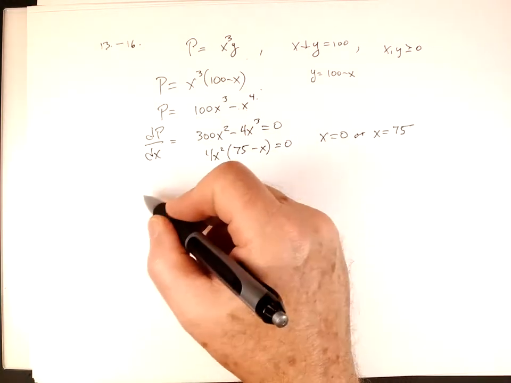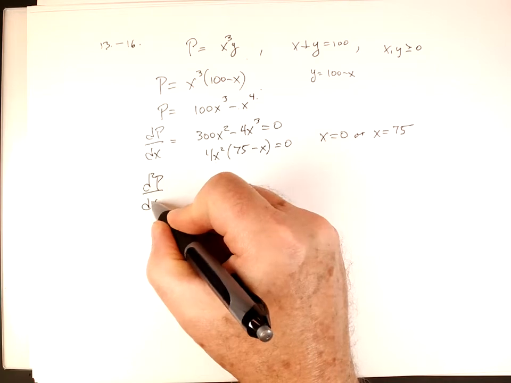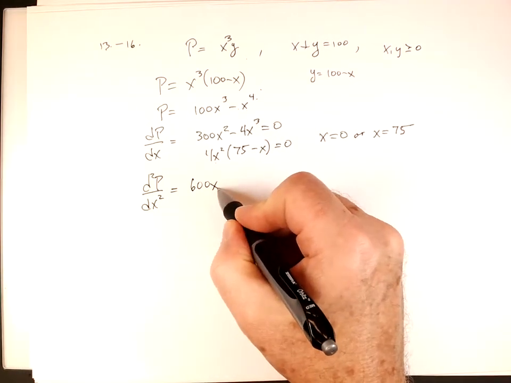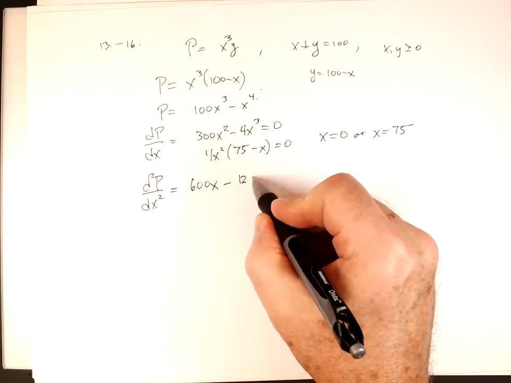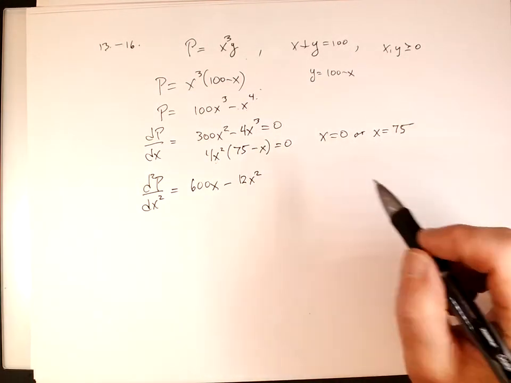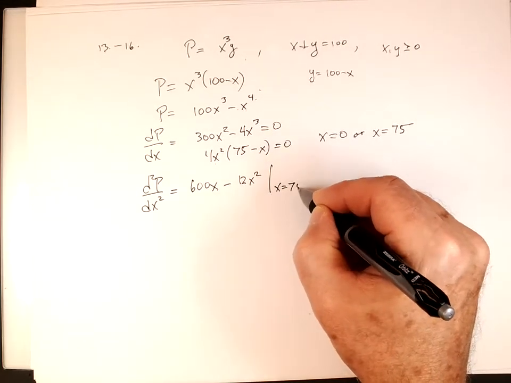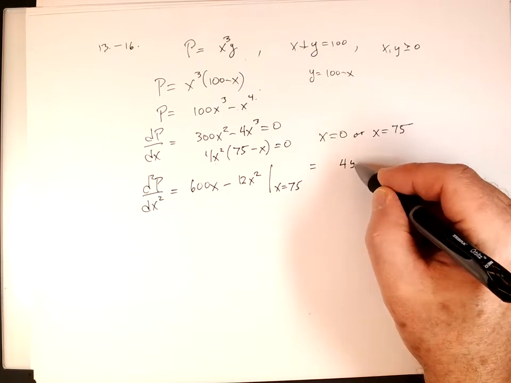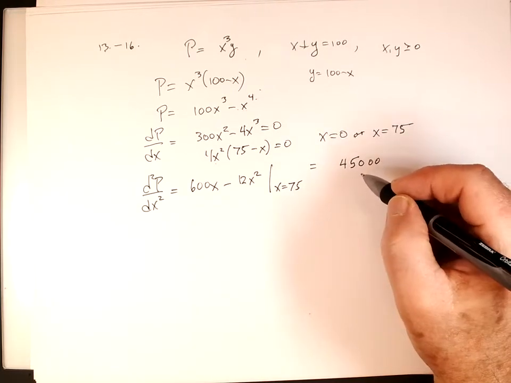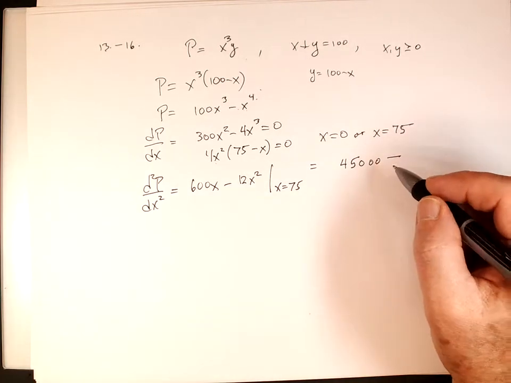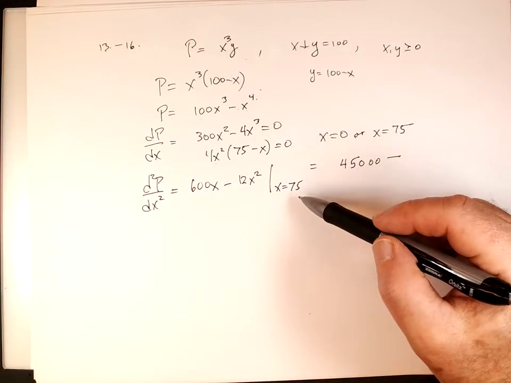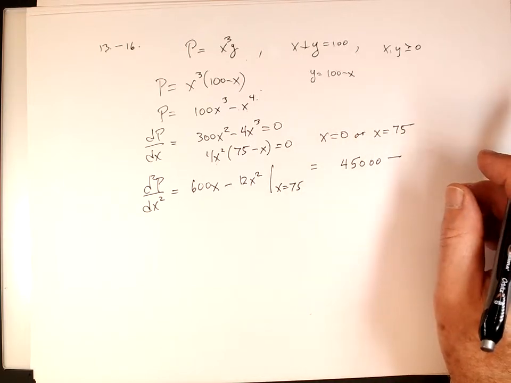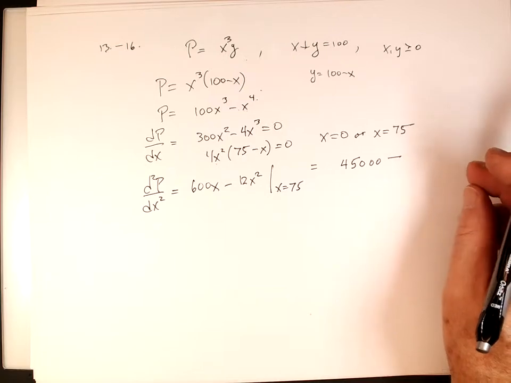Well, we do a second derivative. Let's take the second derivative, which would be 600x minus 12x squared, and let's substitute in the 75 here. When you do that, you're going to get 450,000 minus x squared, 75 squared is 5625.